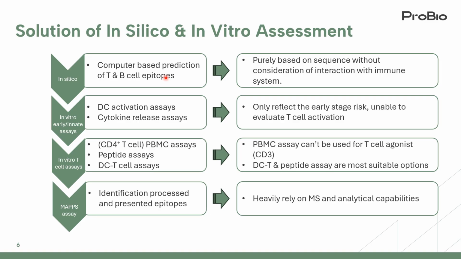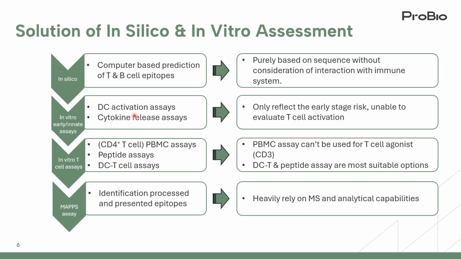You can do ranking of your candidates based on the number and the risk of the T cell epitope. Some people may also carry out deimmunization by mutations to remove these T cell epitope. However, these mutations within the CDR regions may have significant impacts on the antibody affinity and the function.